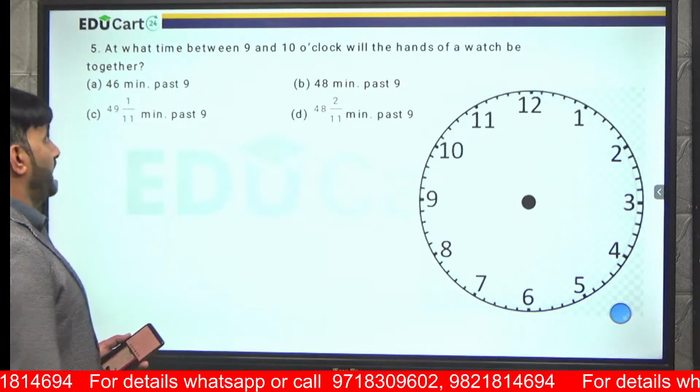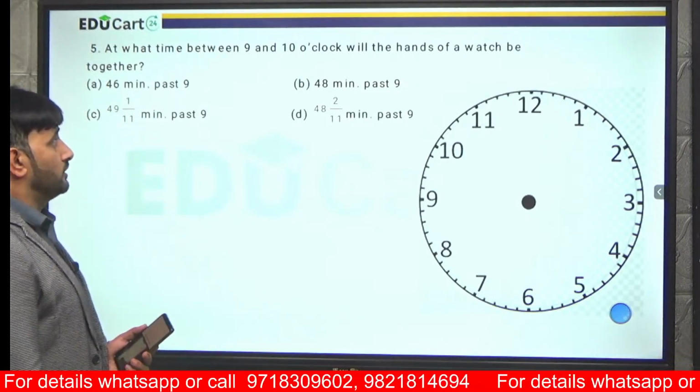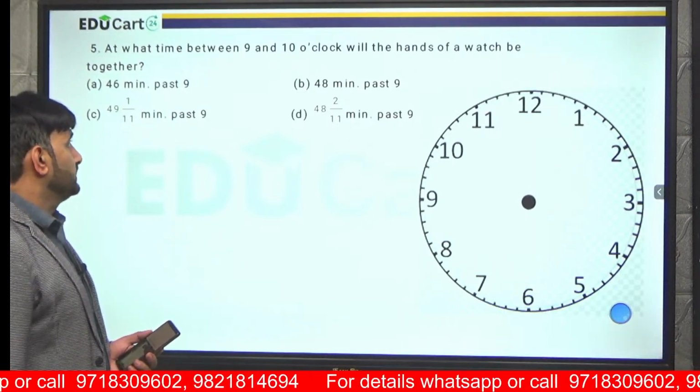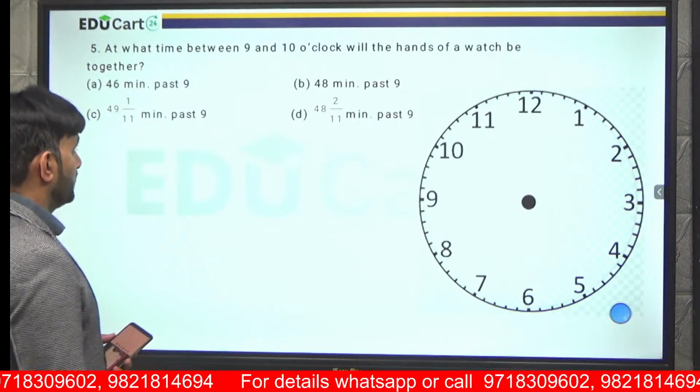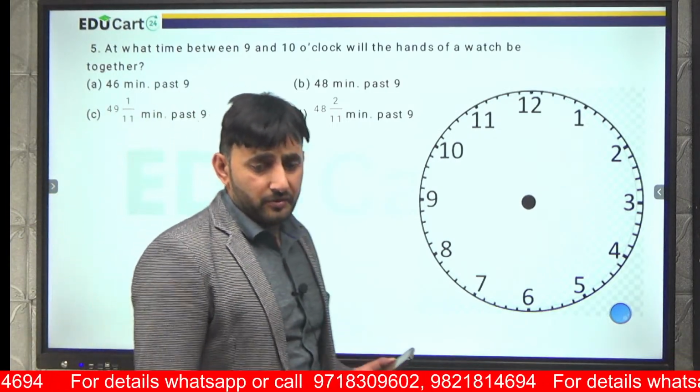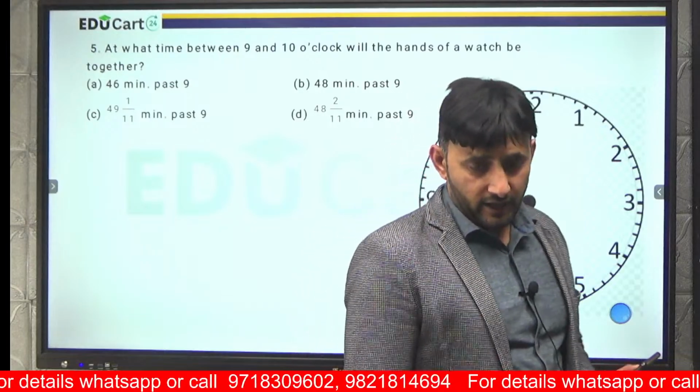Attempt this question. At what time between 9 and 10 o'clock will the hands of the watch be together? Together means they will make a 0-degree angle between 9 and 10. What is the value of h here? What will you take for h between 9 and 10? 9. H will be 9.